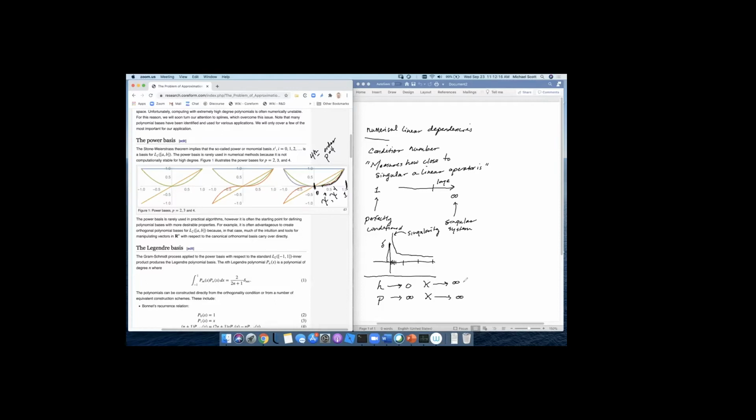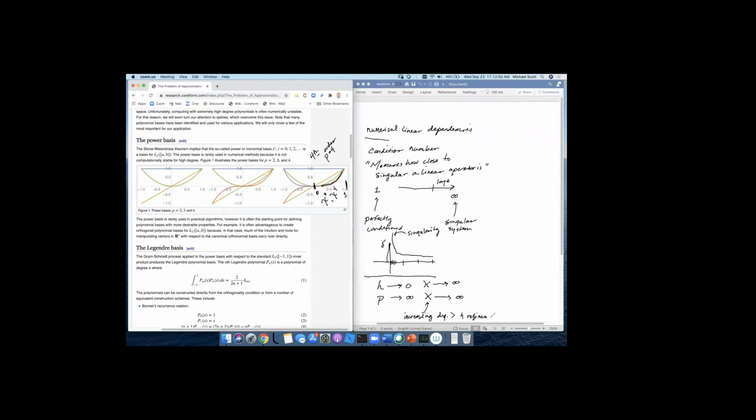The rate at which the condition number goes up for H refinement versus P refinement is that the condition number goes up much more quickly for increasing the degree. So as you increase the degree, the condition number grows more quickly than with just H refinement.